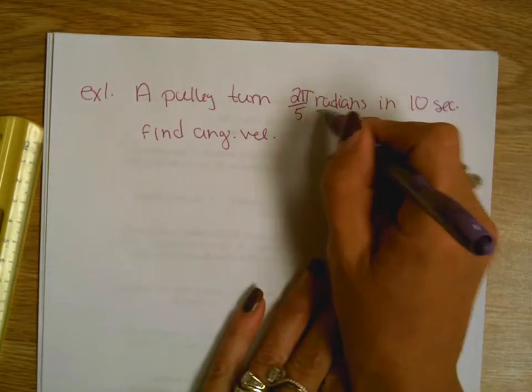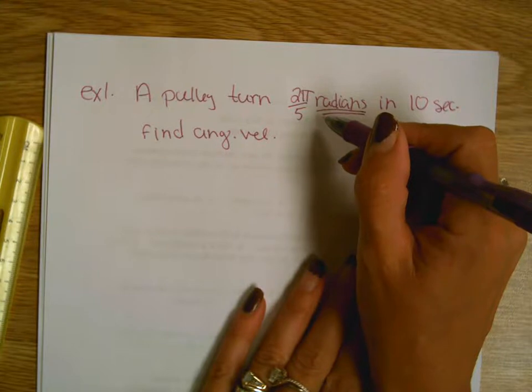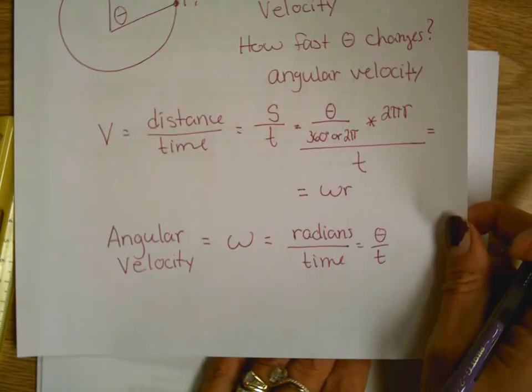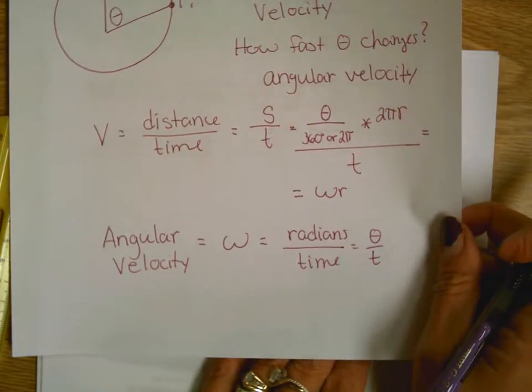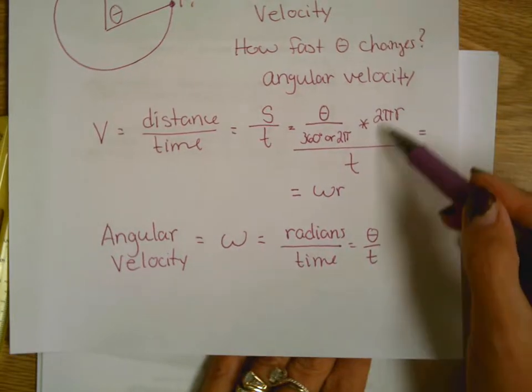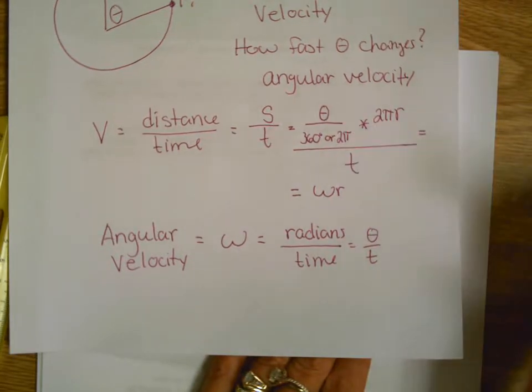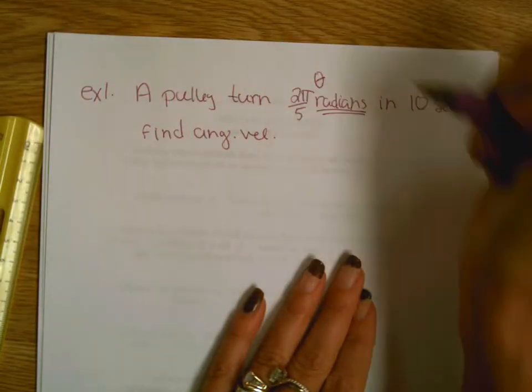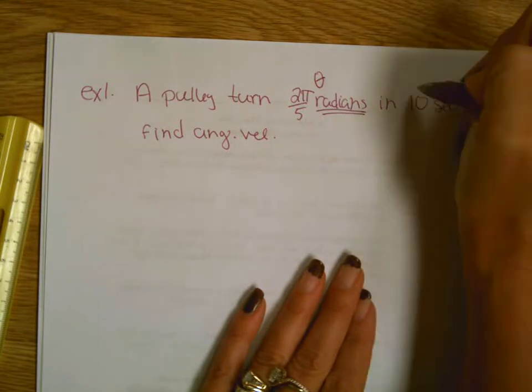Because I'm giving you the radians, what symbol have we been calling radians? What symbol in our formula is where we put the radians? Is it going in here, here, or here? Or the theta, it's the theta. So this is your theta value. 10 seconds is a time value.